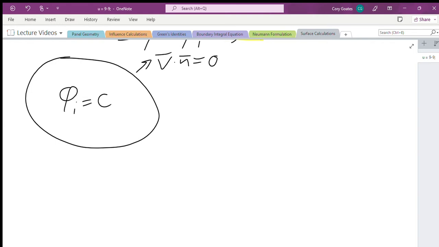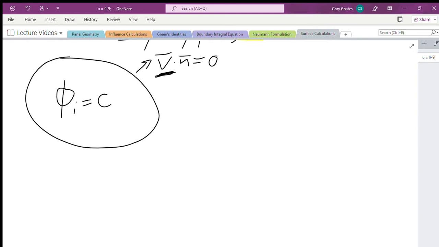Okay? And I should be very explicit. This is the total potential inside the configuration. Okay? Because we're dealing with the total velocity here, and we've said that v dot n is equal to 0 everywhere on the surface, because of that we know the total potential on the inside is equal to some constant.